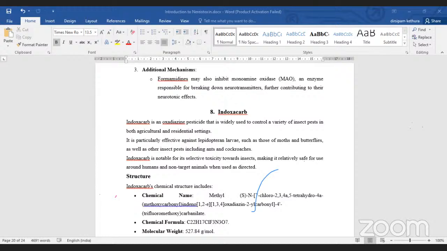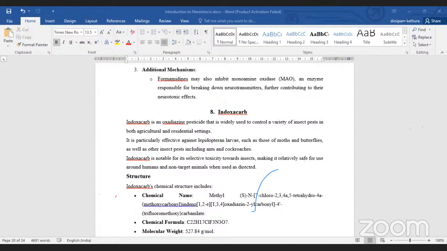And if you look at the toxicity, it shows effectiveness against target pests with generally a high margin of safety for non-target organisms when used appropriately. Potential toxicity to aquatic life and beneficial insects requires careful management.